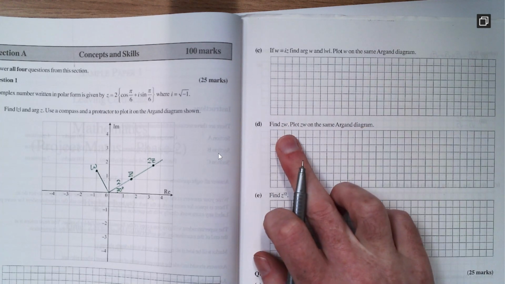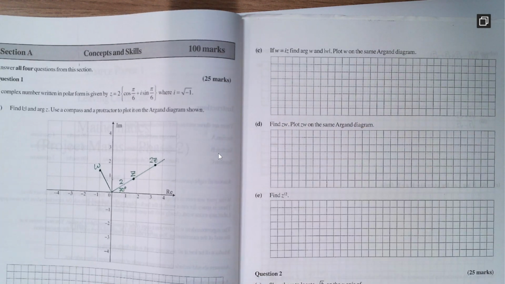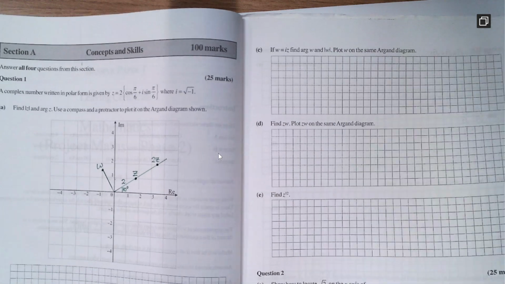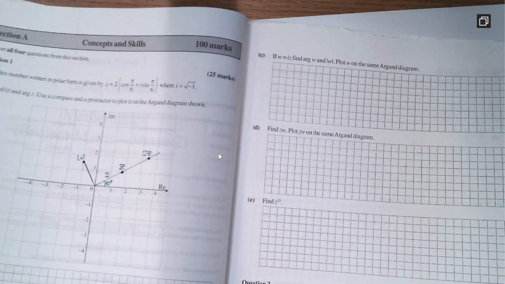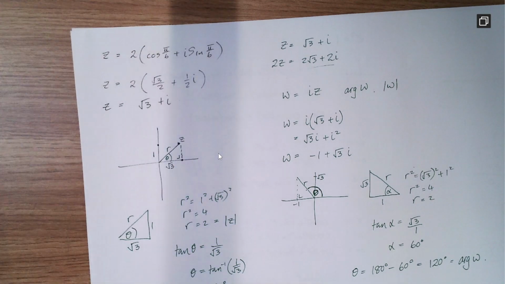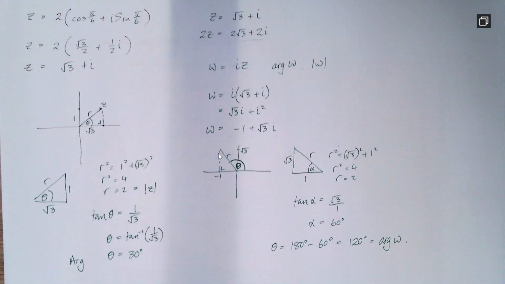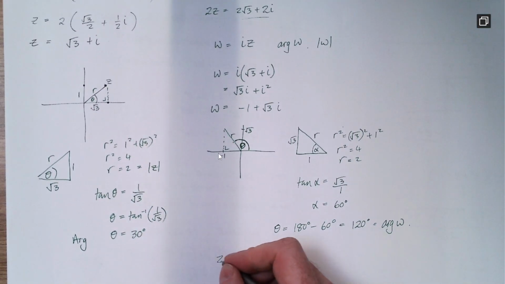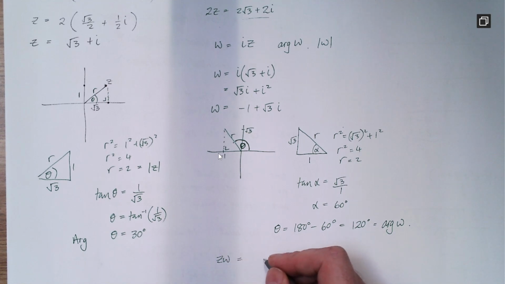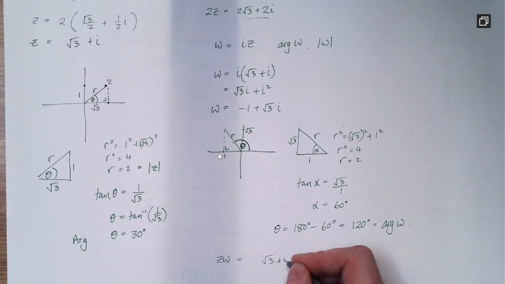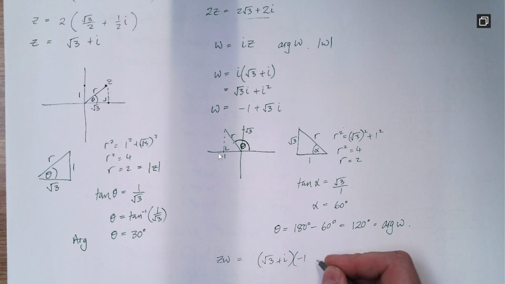Now, find z times W. So z times W, on the argand diagram. Okay, so z times W is square root 3 plus i, multiplied by minus square root 3 plus 3i.